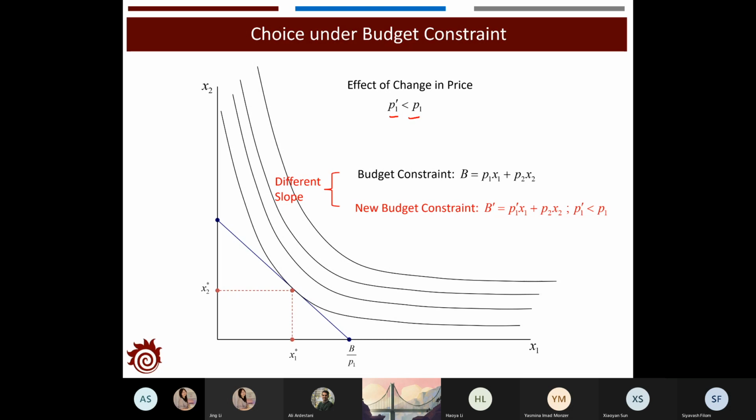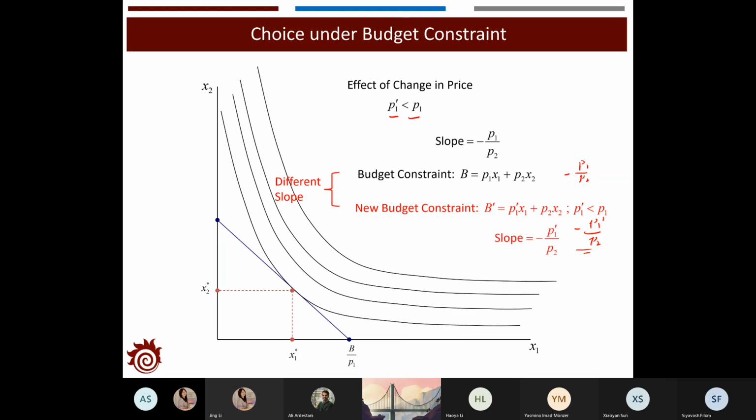The second one would be minus P2 divided by P1 prime, which would be, well, I guess I'm wrong. The first one is minus P1 divided by P2, and the second one would be minus P1 prime divided by P2. So apparently this one is smaller than the first one.